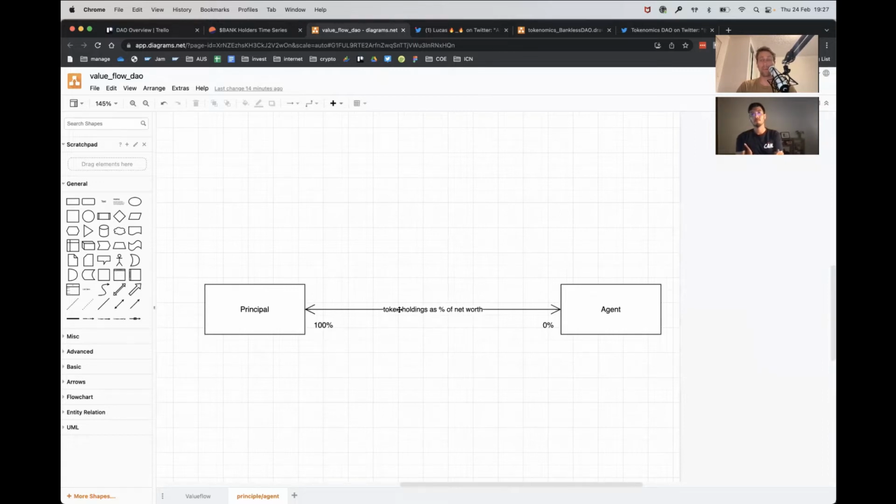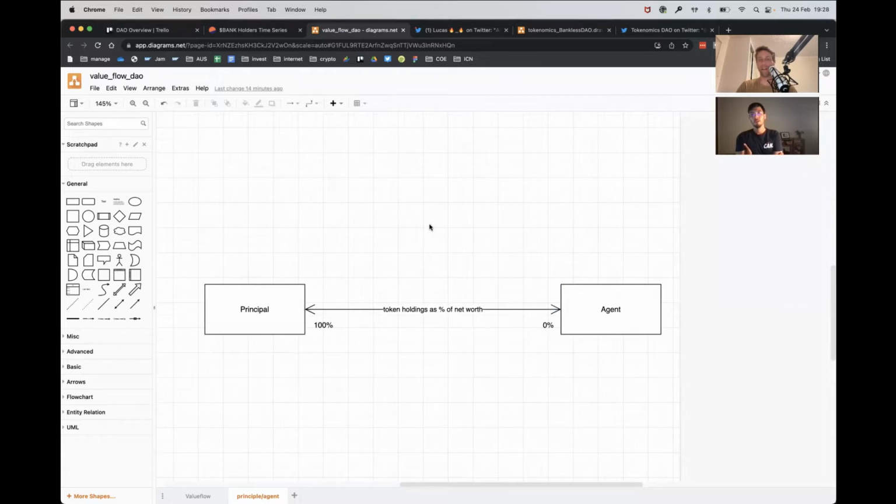as a percentage of your net worth. And maybe principal and agent are not the right terms here, but on the left side, you care more. On the right side, you care little about the business or something you're doing, right? So what matters is this amount of equity as a percentage of your net worth.